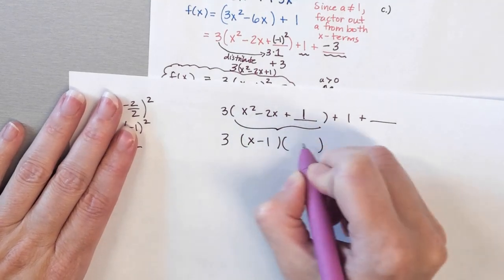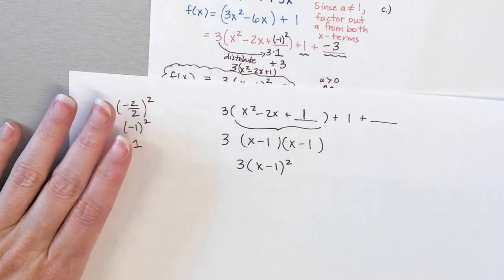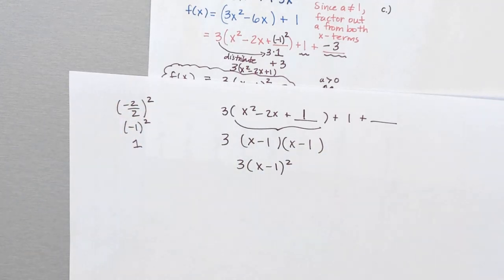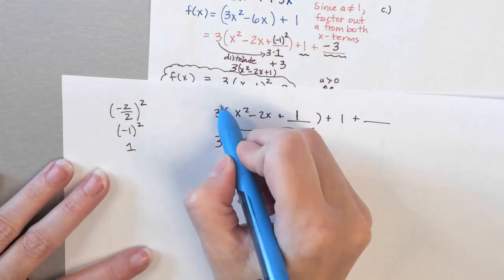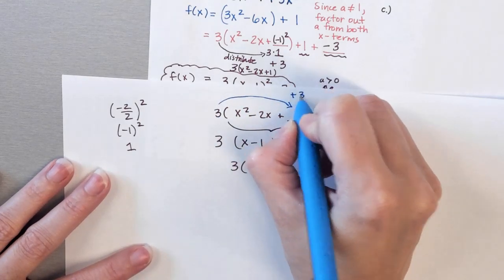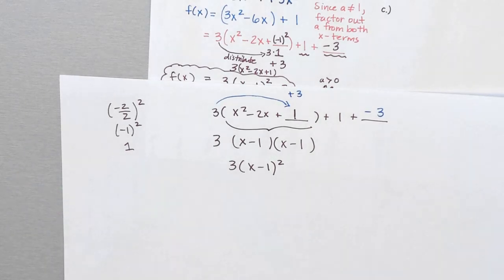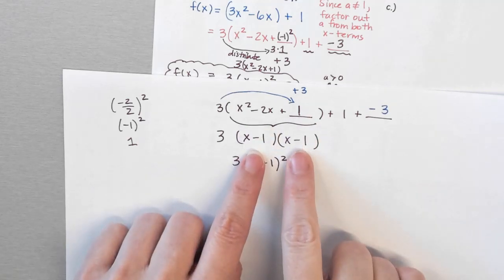So this is the x minus 1 times the x minus 1. So this becomes squared. The only reason I put the plus 3 on there is to show that you didn't just add a 1 because of the parentheses. You added a quantity that was 3, and that's why you have to put -3 there instead of the -1. Does seeing it like this help, like with the factoring?